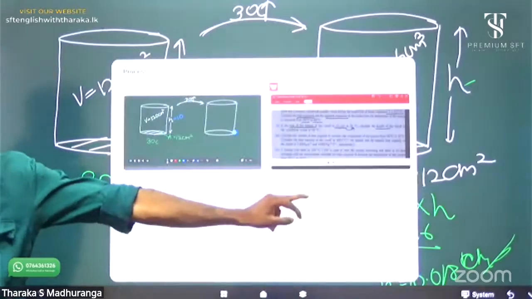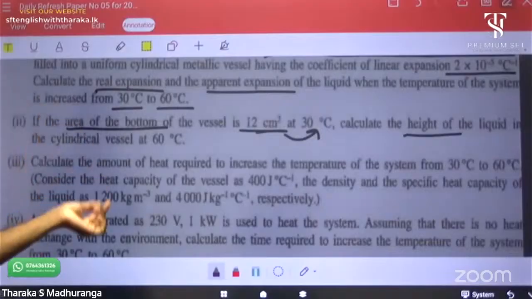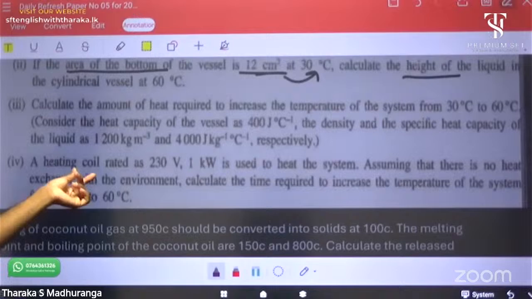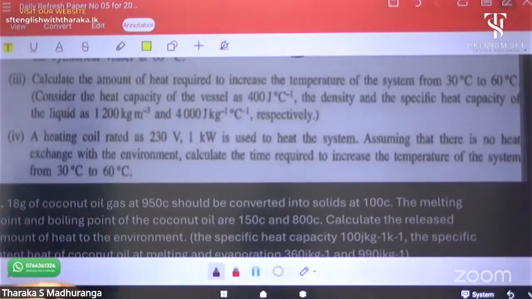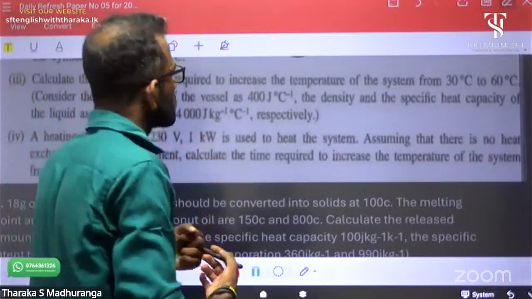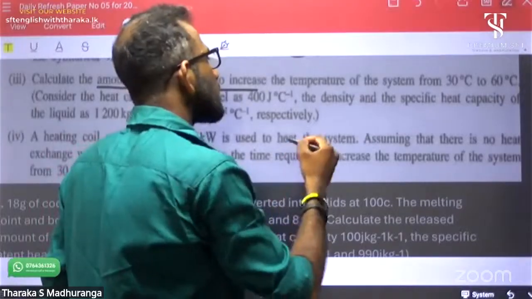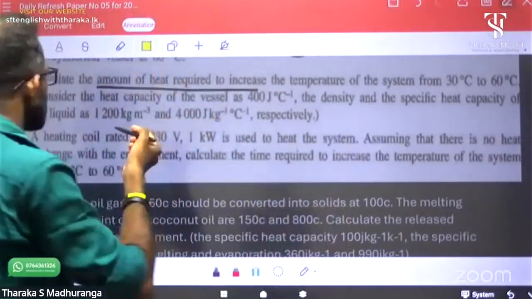Okay, next one. Calculate the amount of heat required, that means the quantity of heat, to increase the temperature of the system from 30 Celsius to 60 Celsius.